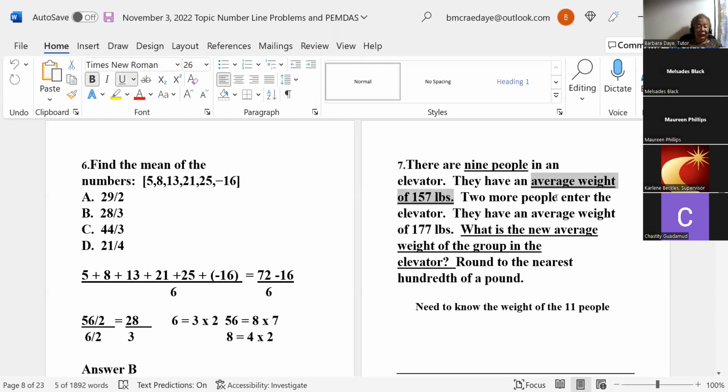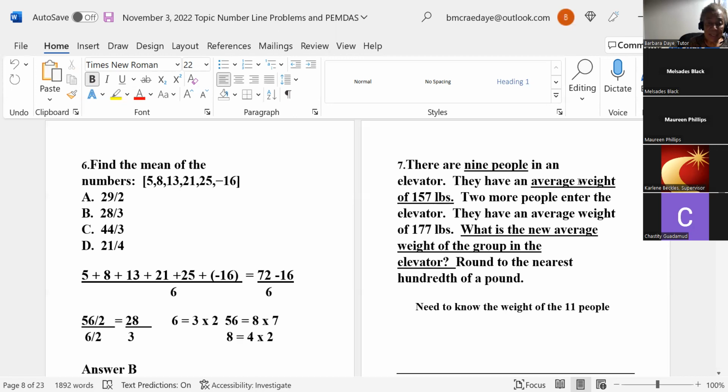How much do those 9 people weigh, Maureen? How would you find that? By addition? No. Divide? No. I told you last time: if you know the average, that times the number of items gives you your total. Oh. Right?